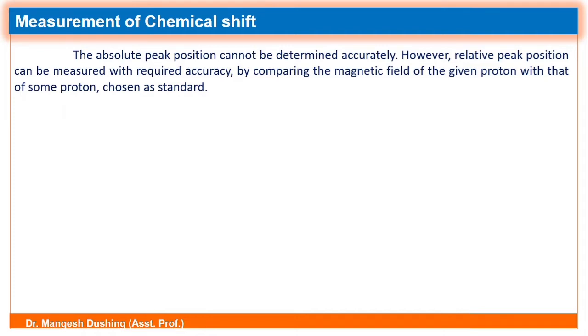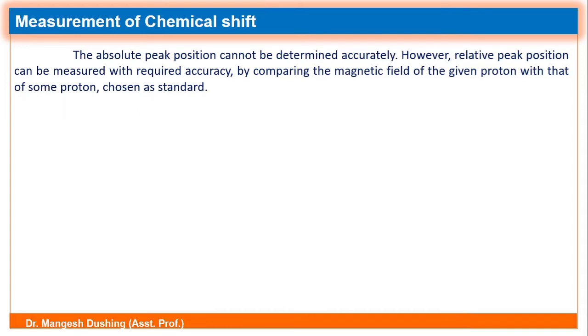So we cannot measure the absolute peak position. However, the relative peak positions can be measured with the required accuracy by comparing the magnetic field of the given proton with that of some proton chosen as a standard. Absolute peak position in the spectrum is very difficult to calculate. Why? Because the magnetic field we apply is around 14,000 Gauss, and the difference in magnetic field absorbed by different protons is around 0.2 to 0.3 Gauss.